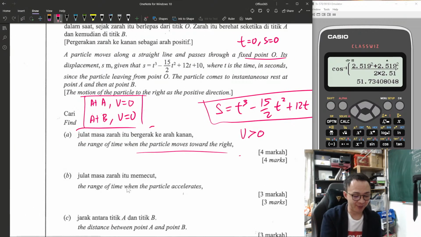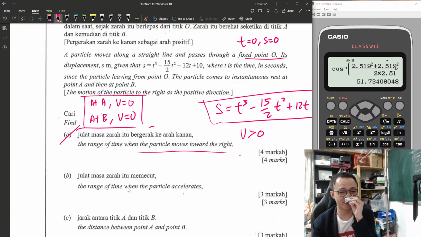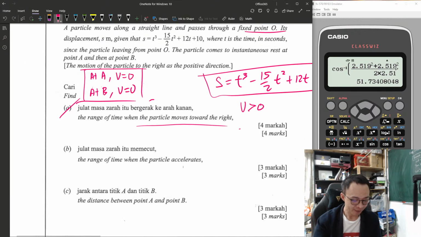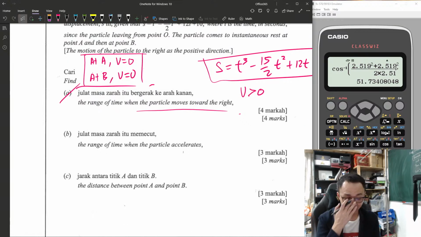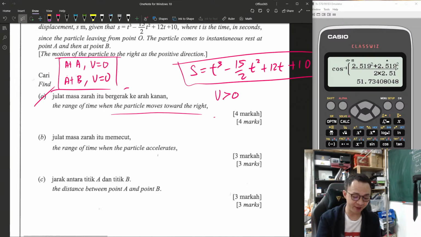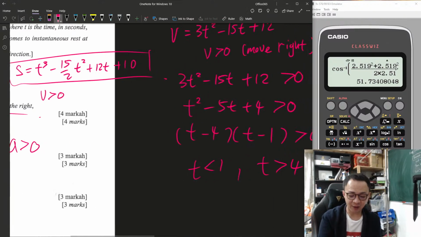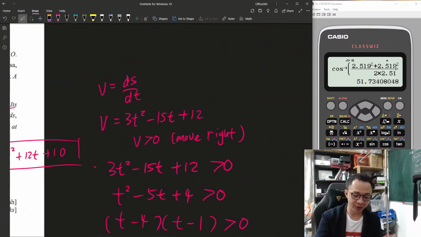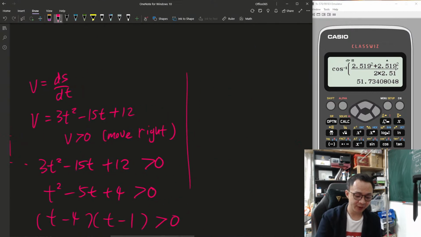Yeah, this 4 mark question is considered very easy. I'm not sure why they give so many marks for this kind of easy question. Find the range of time when the particle accelerates. For the particle to accelerate, acceleration is bigger than 0. So I just want to find a, which is basically dv/dt. I differentiate velocity: 6t minus 15.